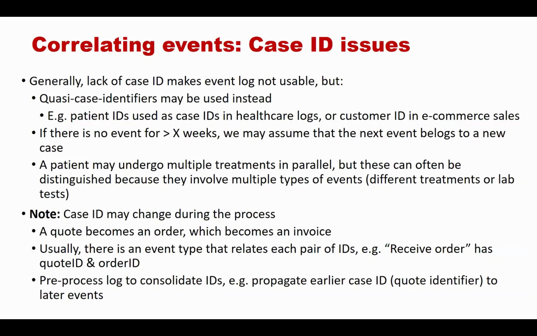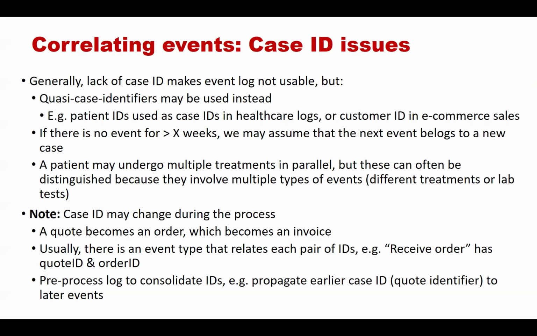Let's say that I am treating a patient for a possible disease, say a stomach disease. I have a lot of information about what has been done to this patient, but I cannot separate steps that have been performed because of the stomach problem from other steps that have been performed because of some other problem that the patient has, for example, some liver disease. All these events are mixed up.